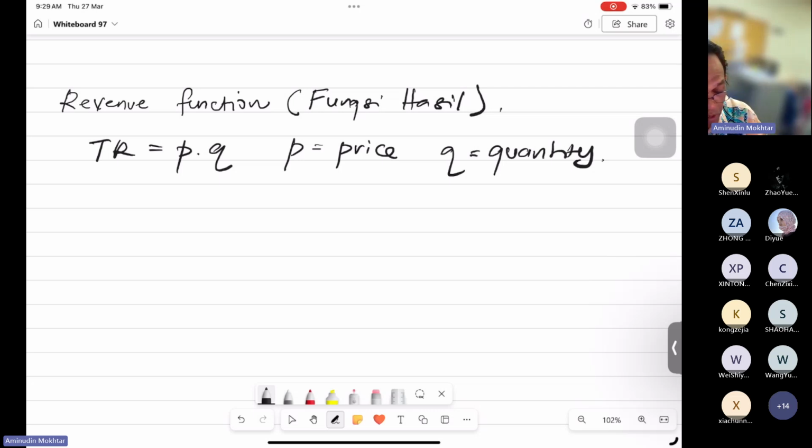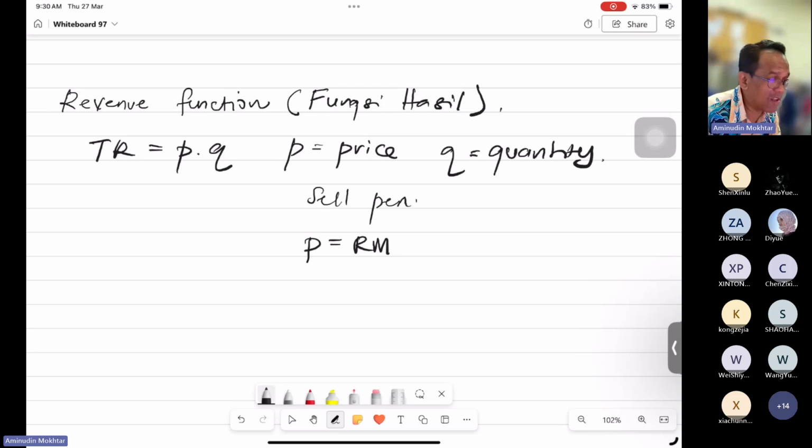Let's say as a firm, you sell pens. Let's say the price of a pen is RM, ringgit Malaysia, our national currency. Let's say RM 3 per pen.